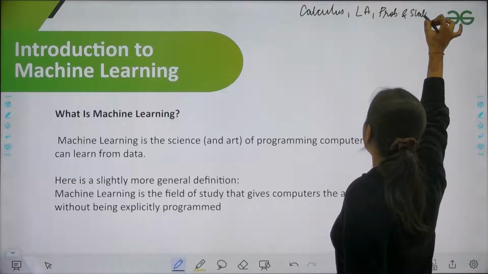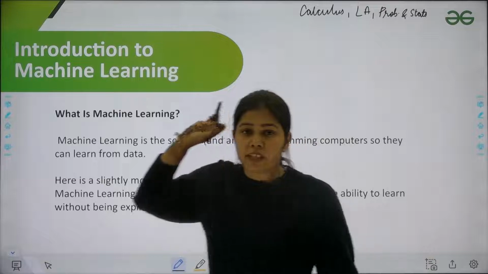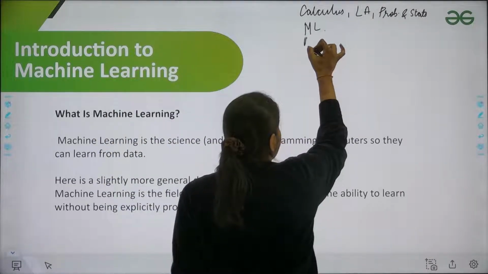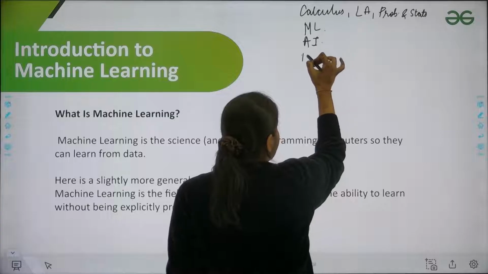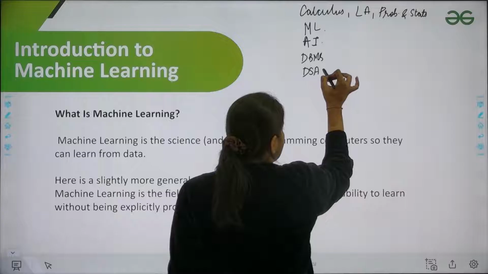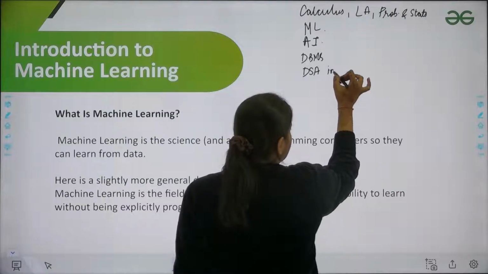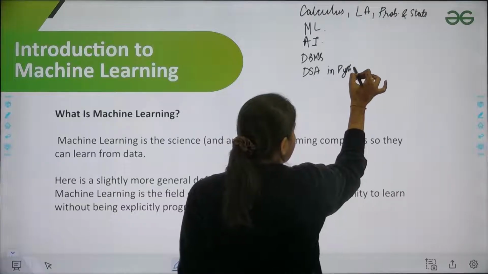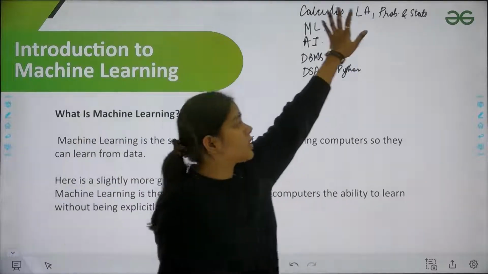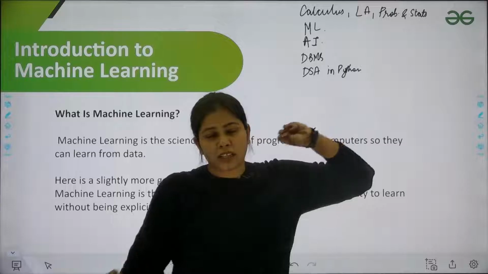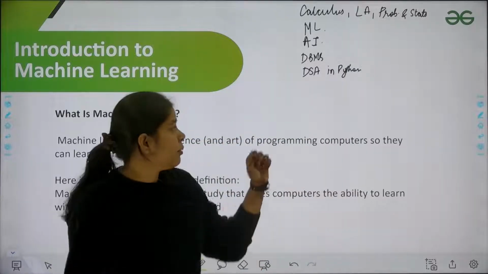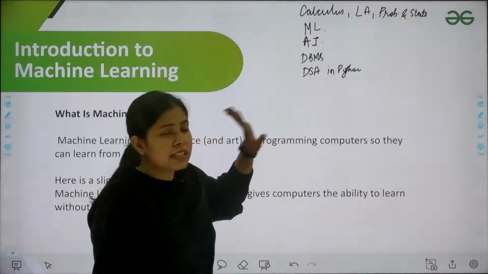Then we have machine learning, then we have artificial intelligence, then we have DBMS, and then we have DSA in Python, right? So now you can see that these 3 subjects are of mathematics, right? So mathematics is important, and machine learning is also a little bit dependent on mathematics. Then we have AI, DBMS, and DSA in Python.